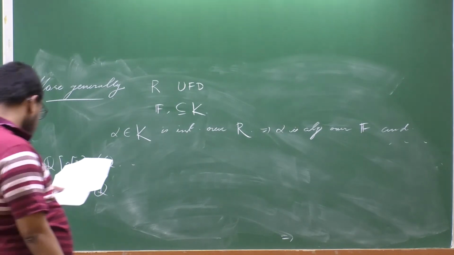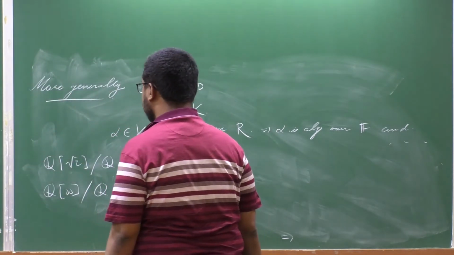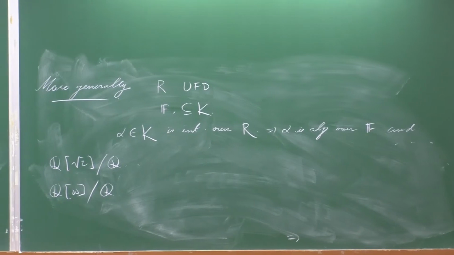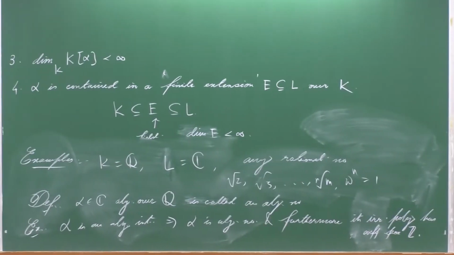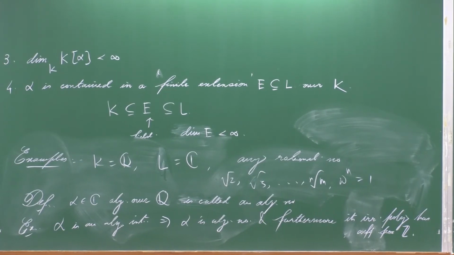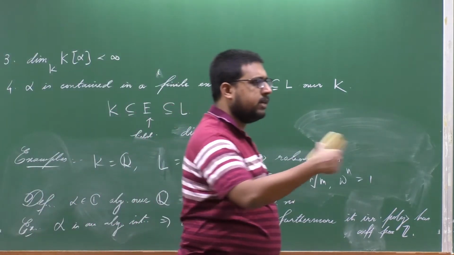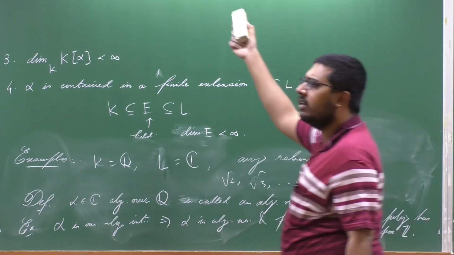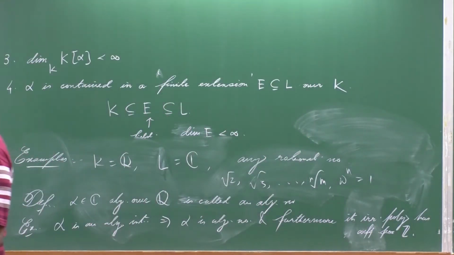Okay. Now let's talk about embeddings. As I said, from now on we will focus our attention on the subfields of C only. However, most of the results that we will prove, in fact the proofs, verbatim repetition of the proofs that will be given, also work for arbitrary finite separable extensions.